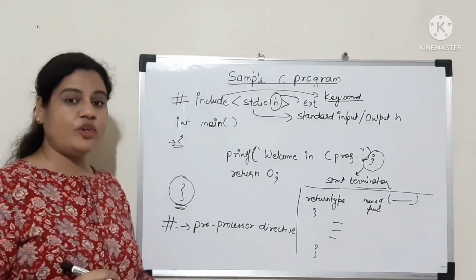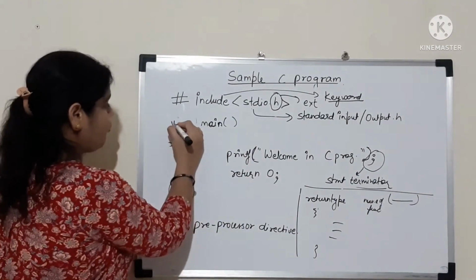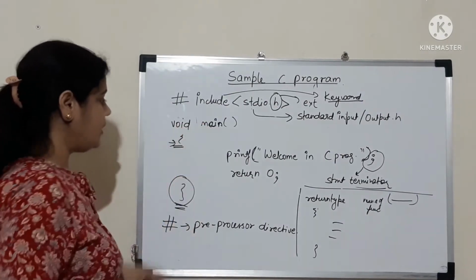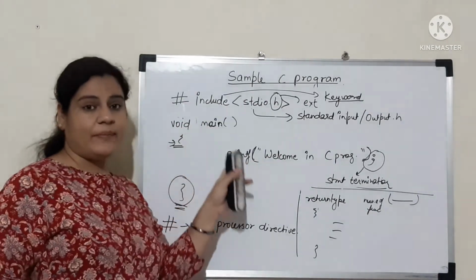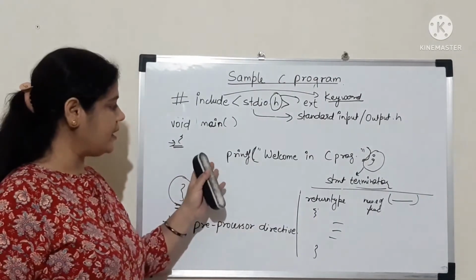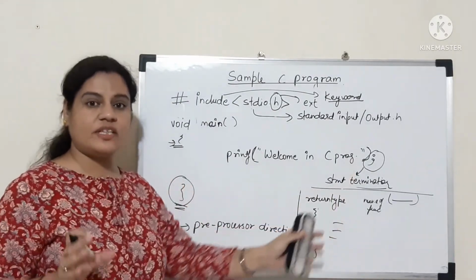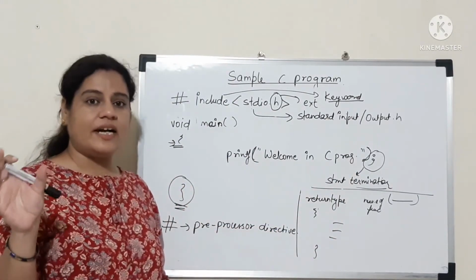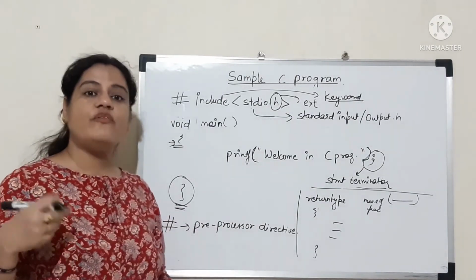Next thing is, if you don't want to return any integer value, you can use void here. Void means nothing. When your program executes, it will show the welcome in C program statement on the standard output device, that is the monitor, and it will not hold the screen. Then how will you view it?